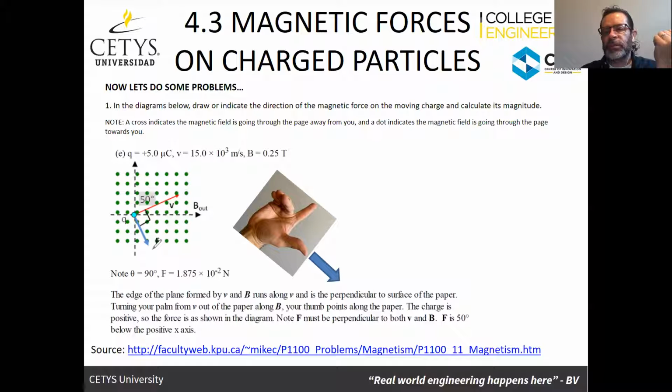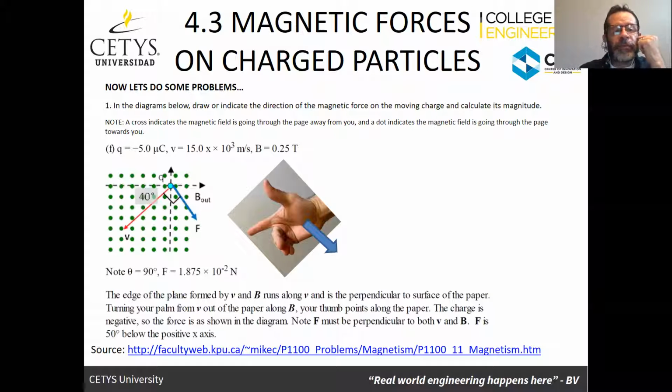That's going to be the force. Okay, it's going to be pointing downwards. The calculation is direct. Okay. In this particular case, just notice that they didn't give us the angle, but it was indicated in the image that the angle was 90 degrees. Okay, so the angle would be 90 degrees.